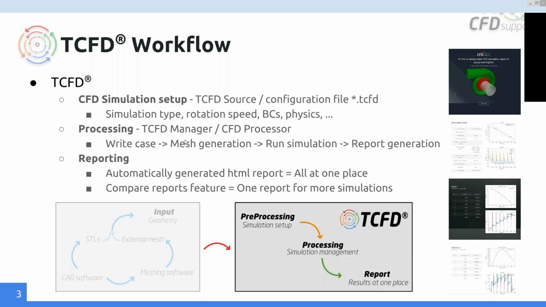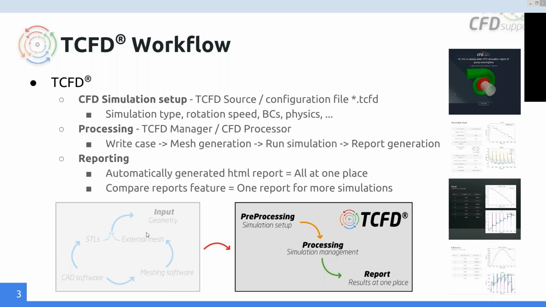Then the processing part, so basically the simulation and everything around it, and at the end it automatically generates a report including everything in one place: all the variables, all the properties, all the parameters of your design, like efficiency, torques, axial forces, and so on.